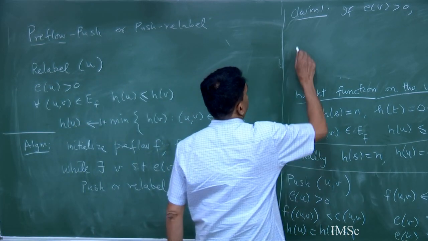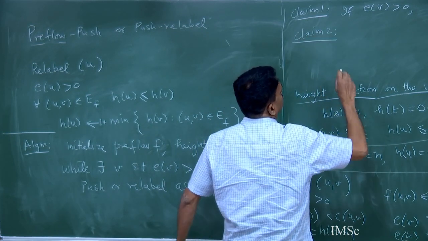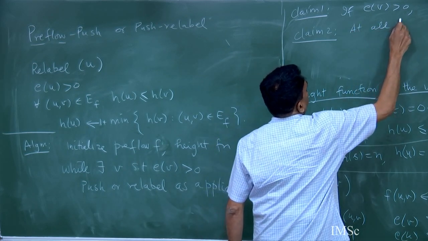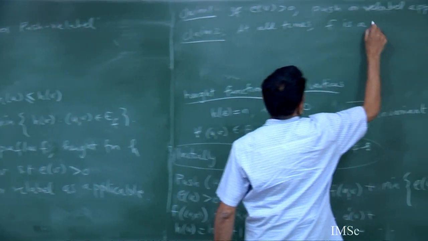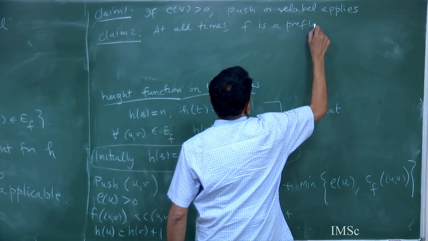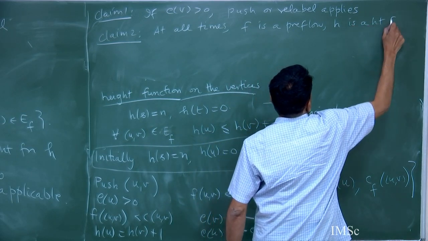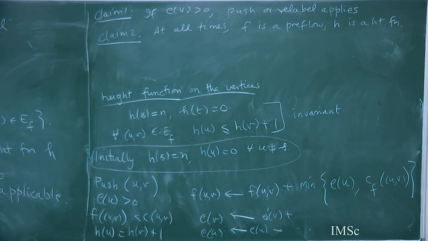What else do I have to show? The height function is maintained all the time. At all times, f is a preflow and h is a height function. Preflow means that it satisfies the capacity constraint, and height function means that it satisfies this constraint.